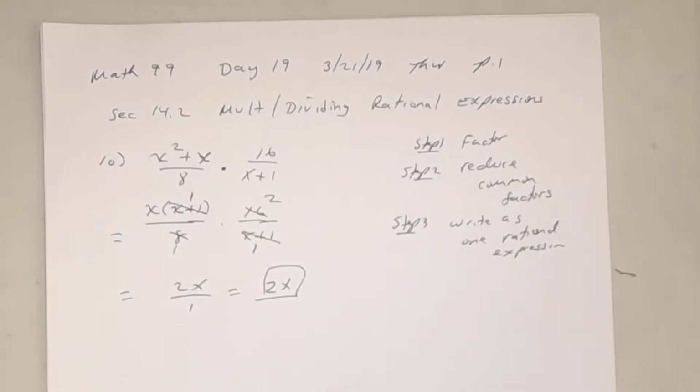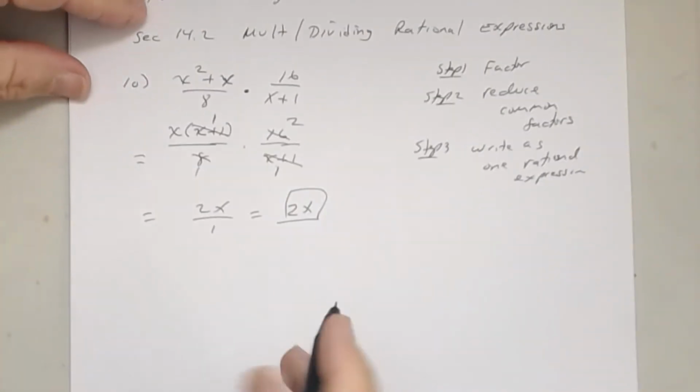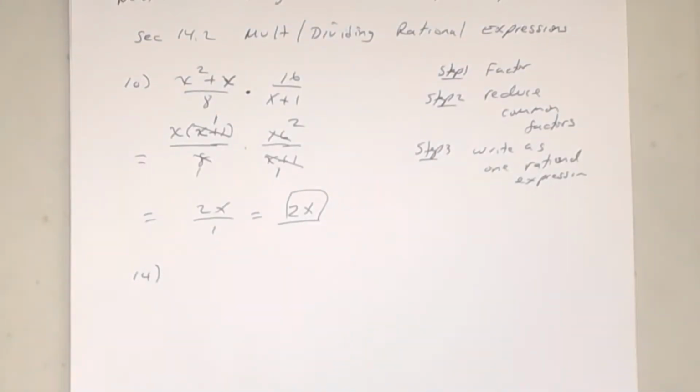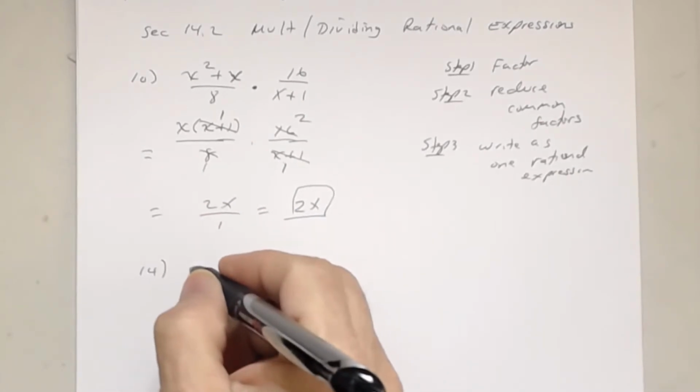Okay, let's look at 14. Again, in order to be able to do these, you have to be able to do the previous chapter, which is factoring, and you have to know how to simplify rational expressions, which was the previous lesson. Okay, here's 14.